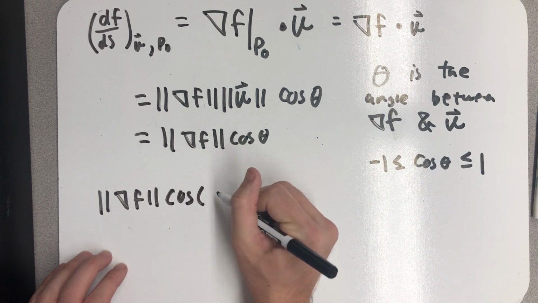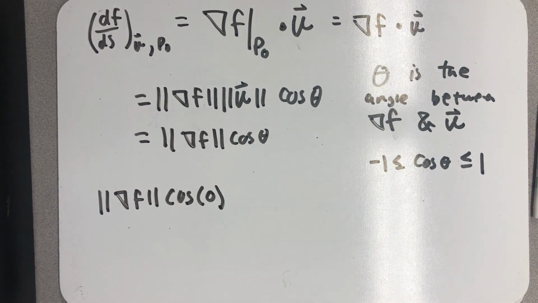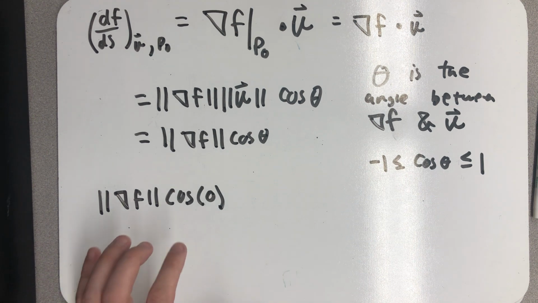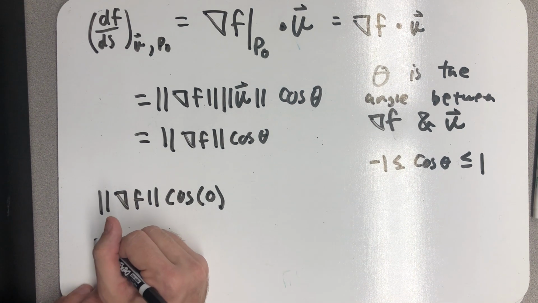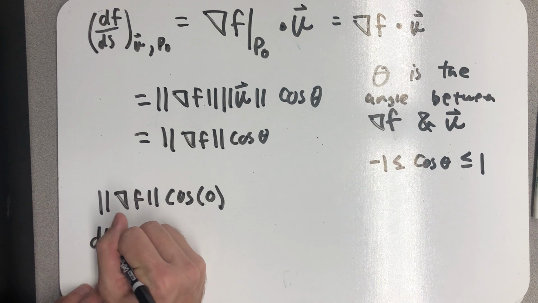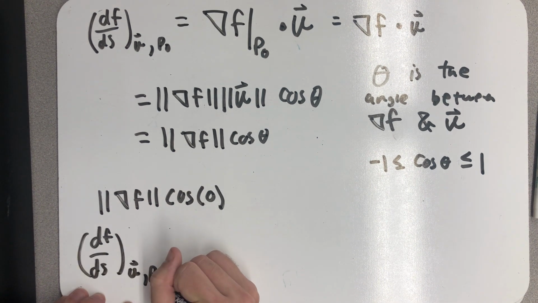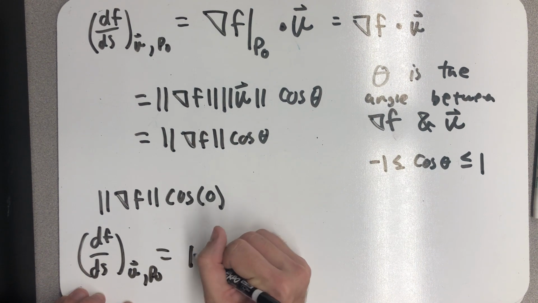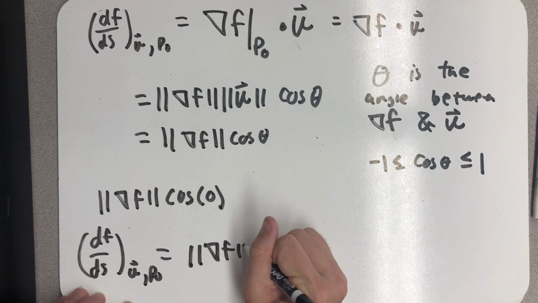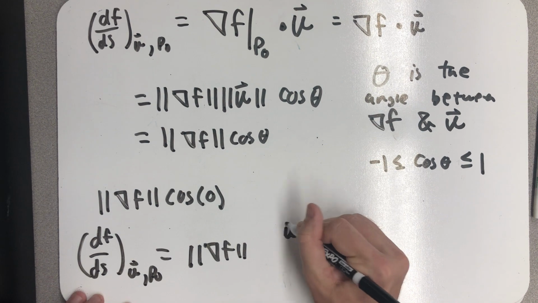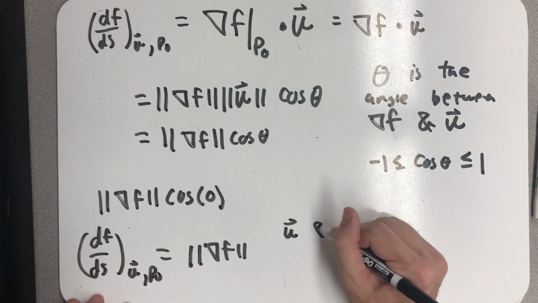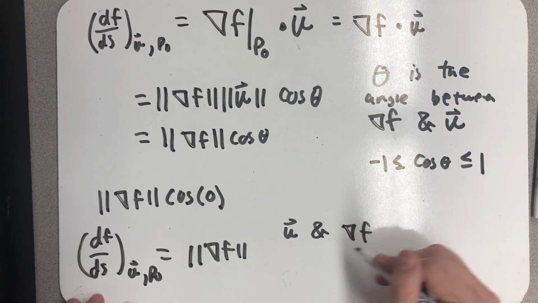That happens when cosine is equal to 1, which happens when the angle is 0. So, my directional derivative is equal to the magnitude of del f when the direction vector u and del f have the same direction.